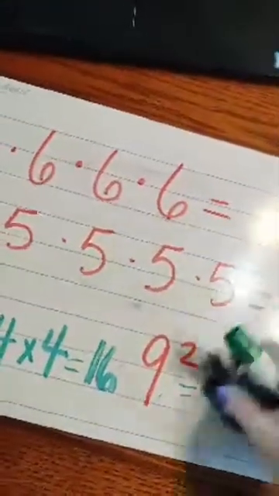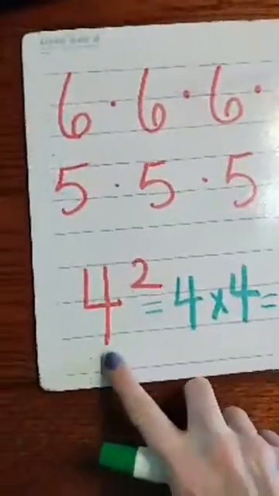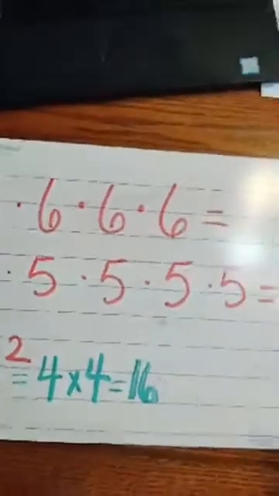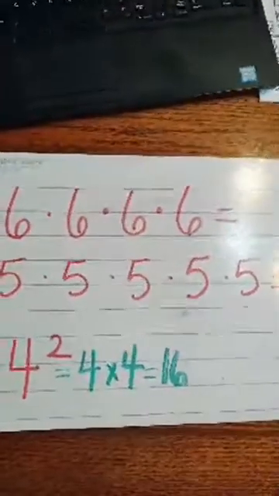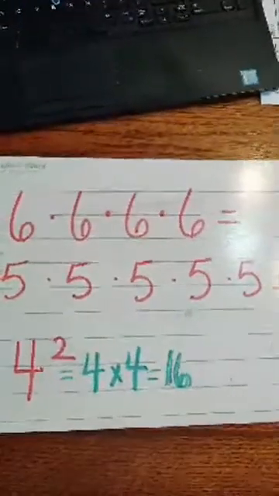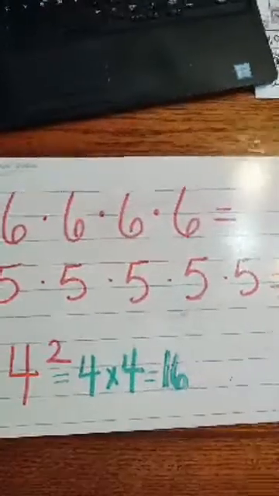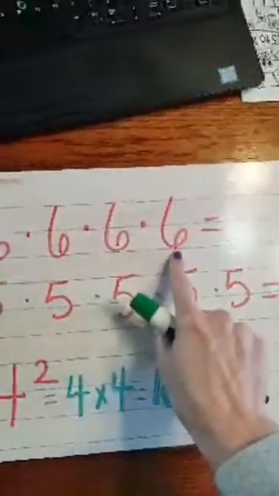All right, now that we know with our exponents that we are going to take the base number times itself this many times, we can come up to my other problems up here, and we can write these as numbers with exponents. The first thing you do is get your base number. In this first problem, I have 6 times 6 times 6 times 6.